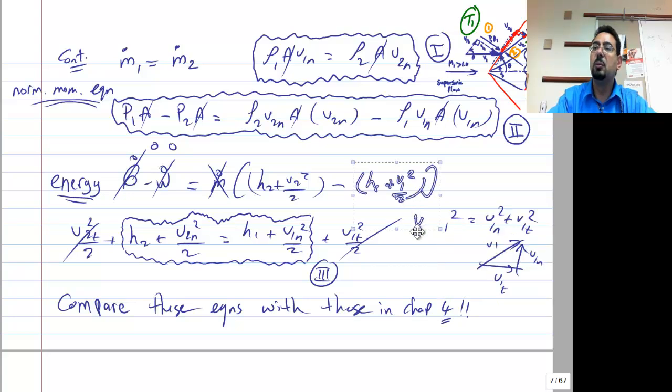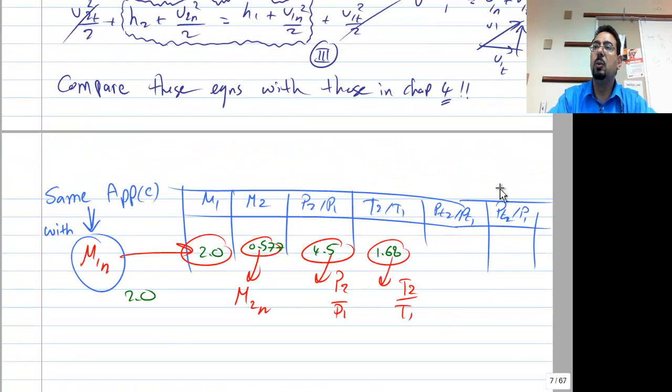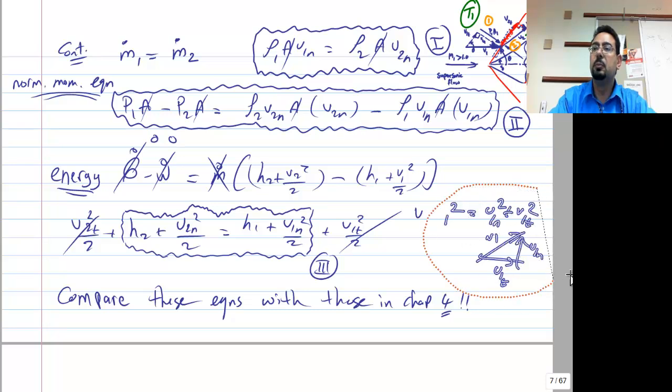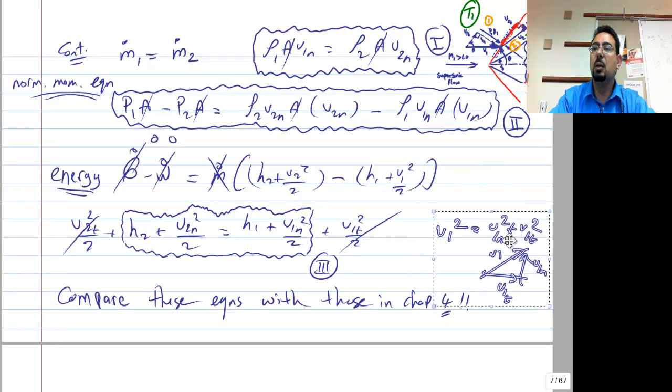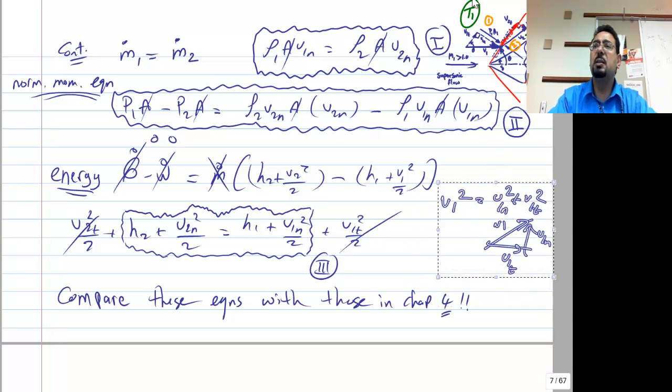So basically over here, I'm trying to say that because V1 has those two components, V1 tangential and V1 normal, out of this triangle, basically V1 squared will end up being V1 normal squared plus V1 tangential squared. So of course then we can split V2 into V2 tangential and V2 normal, cancel the tangential with each other, you will end up with basically those three equations now.